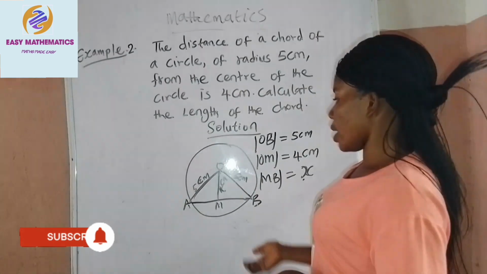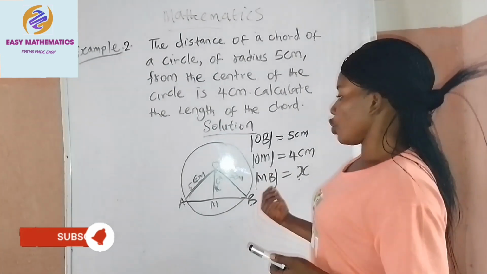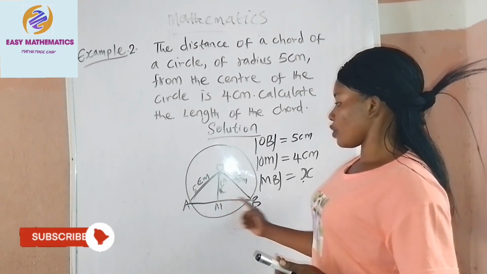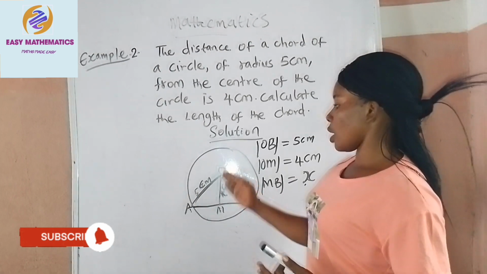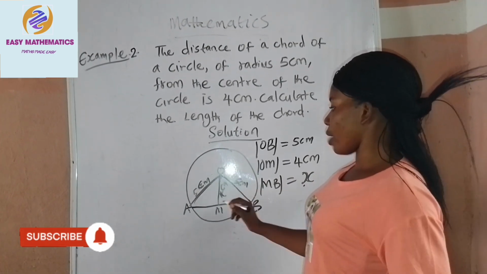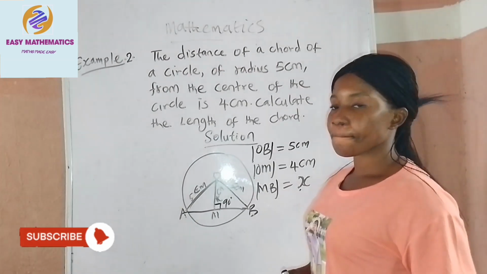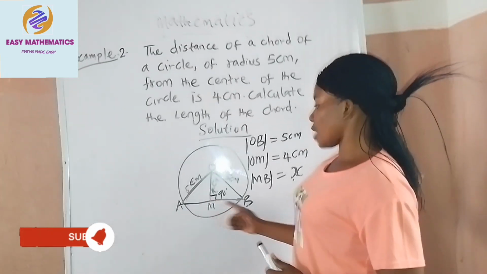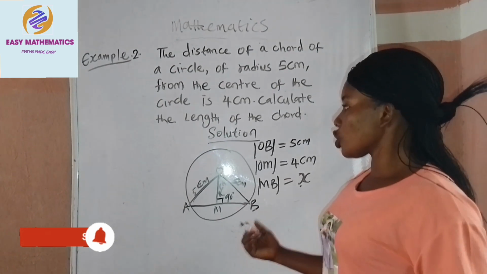Now, just like we said, when you look at this triangle here, you will see that this part of the triangle is a right angle triangle, with an angle of 90 degrees. And to find the side of a right angle triangle, we use Pythagoras theorem.